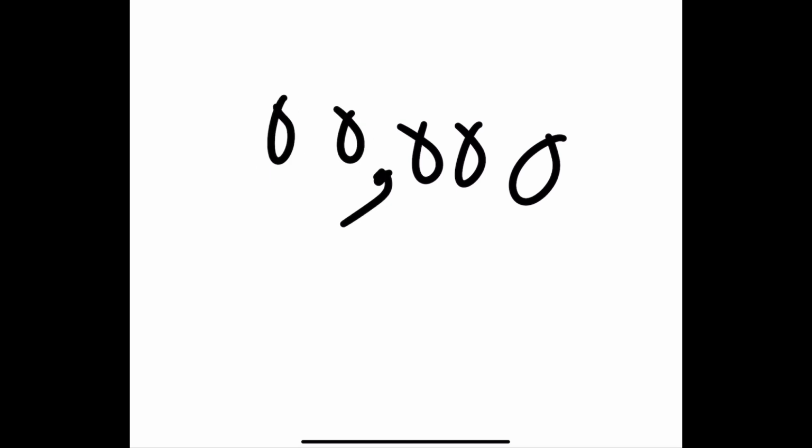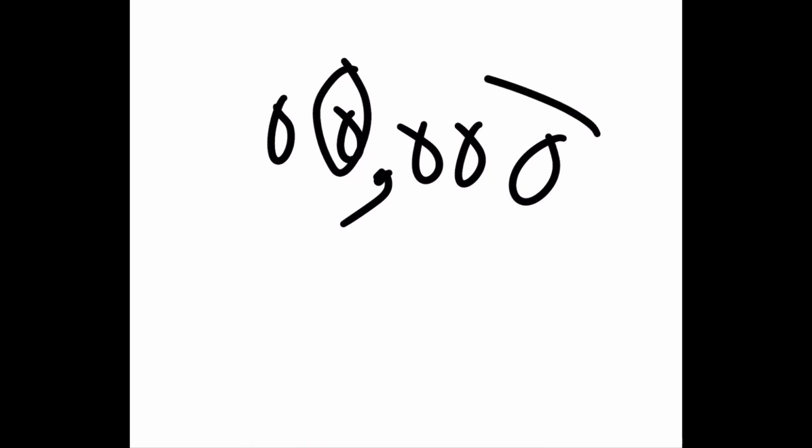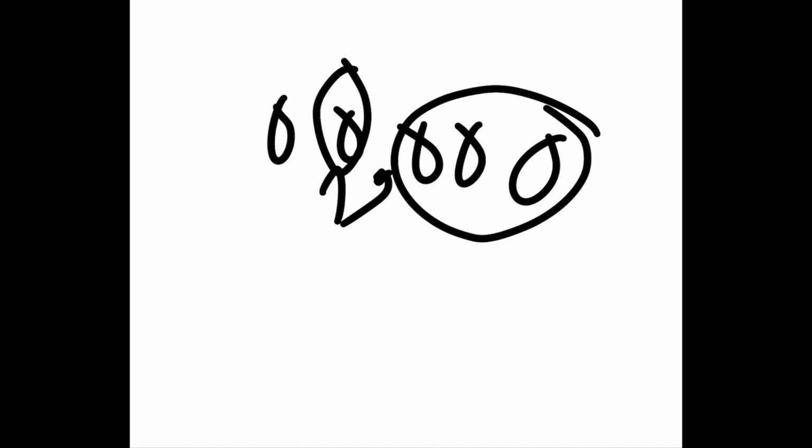Okay, so back here. After the comma, every 3 zeros, it's a new digit. That's 1,000 for this case. So 1,000 here, and after the comma we start again from here.